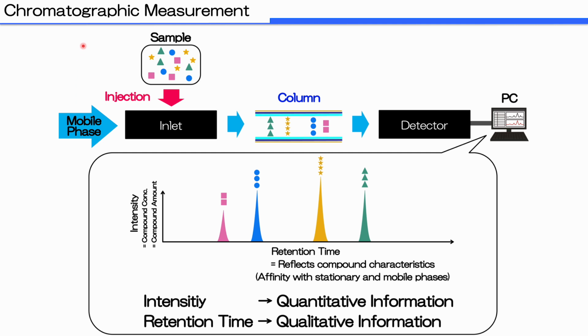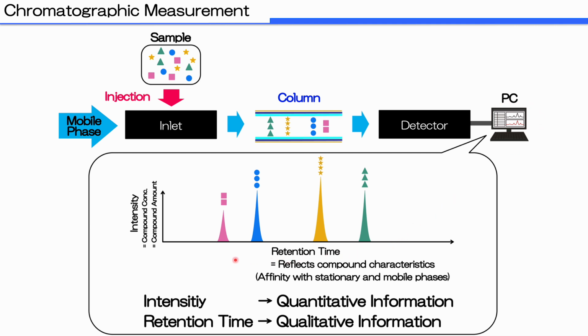This is a schematic diagram of chromatographic measurement. Sample injection is made where the mobile phase is flowing and the components are separated by columns. Then they are detected by the detector and the results are shown on the PC screen.